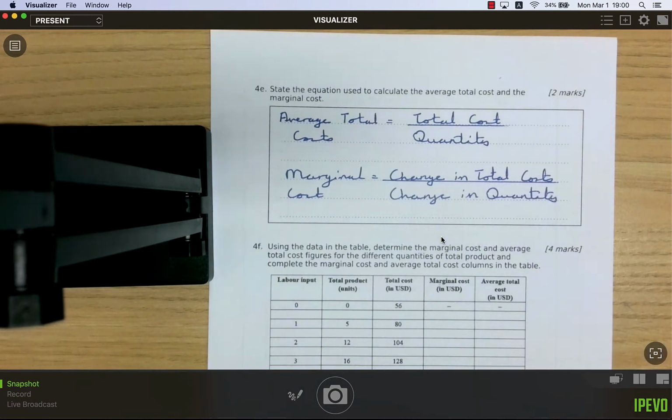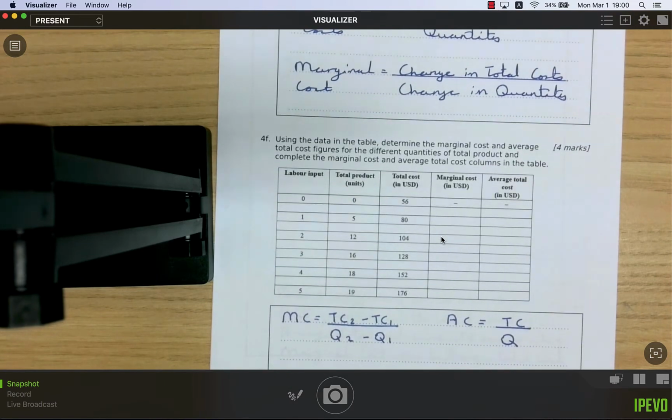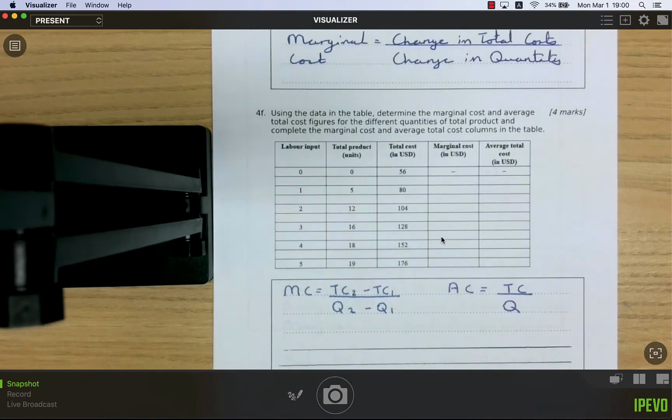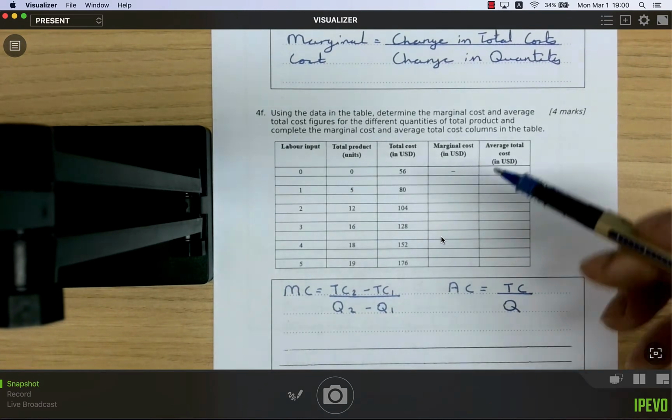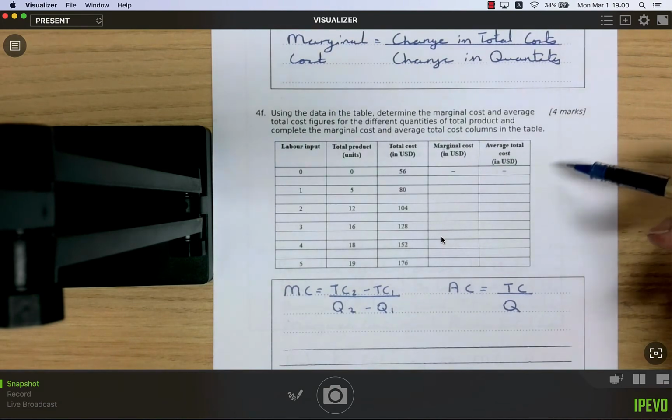So what I'm saying is that we now need to use both of those in conjunction with this table and calculate the marginal cost for all of these separate quantities and the average total cost for all of these separate quantities.